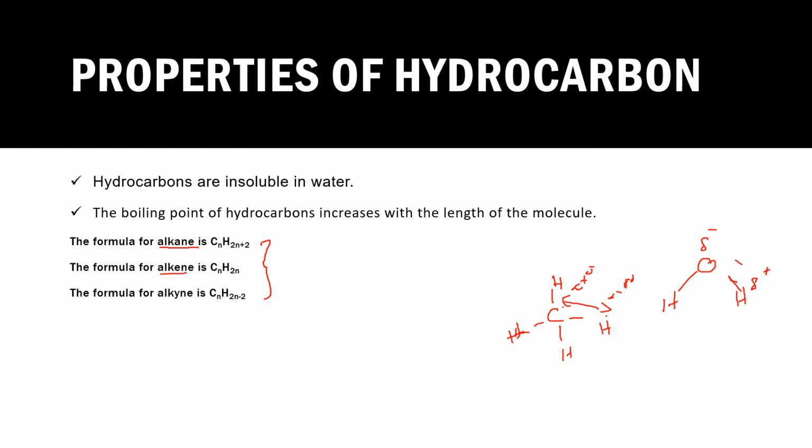Alkene has a double bond. Alkyne has a triple bond. Those with double and triple bonds are called unsaturated. Alkane has only single bonds, therefore it's called alkane. So it is necessary to know ane, ene, yne. Ane means saturated. Ene means unsaturated. Yne means unsaturated. So we move to the next slide.